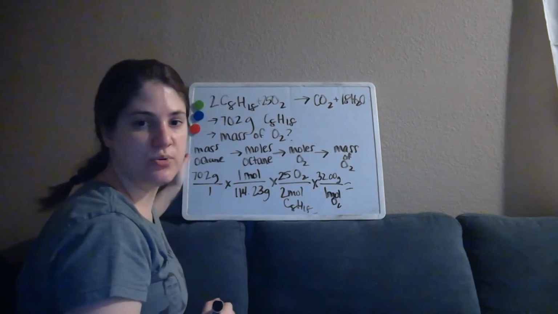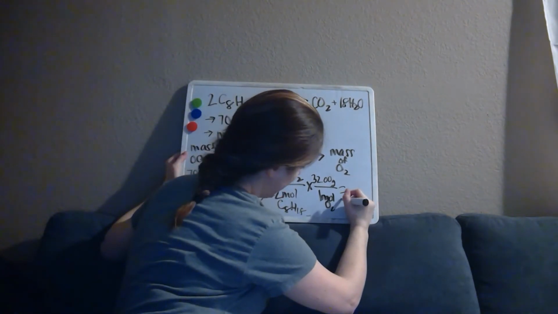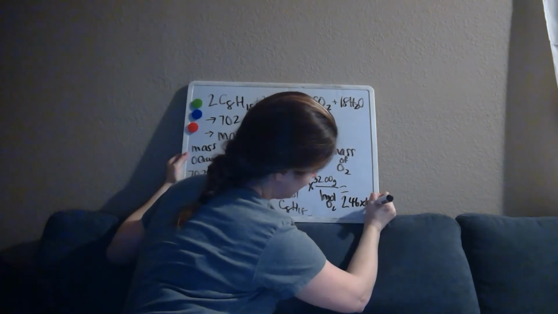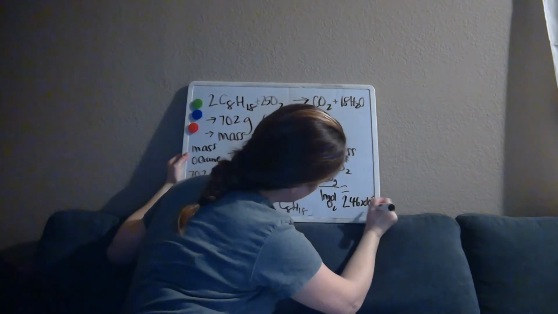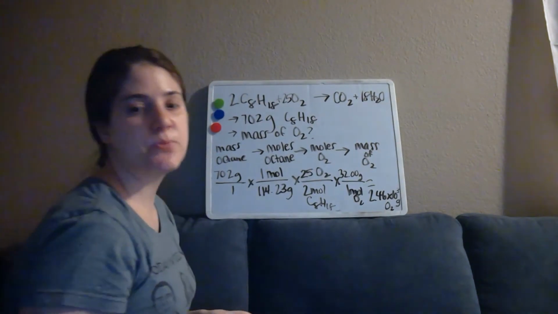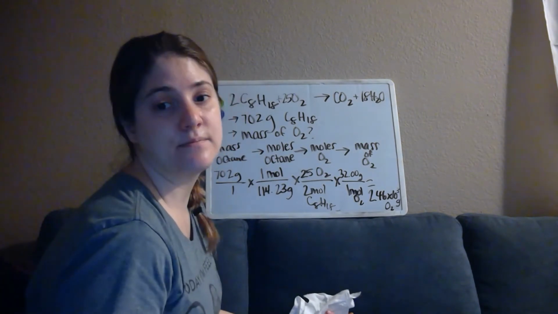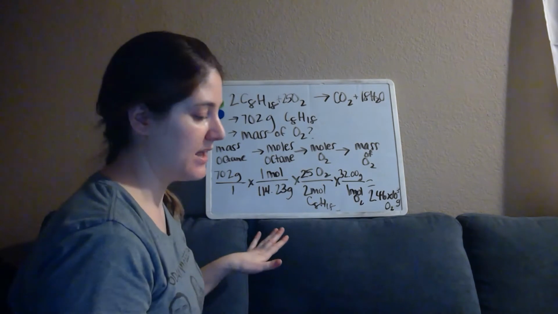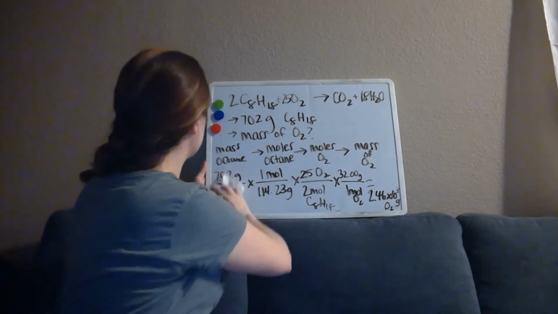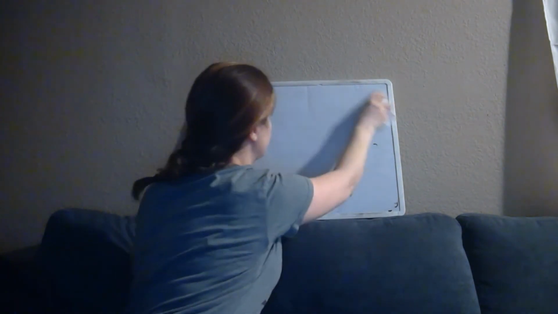And when we do that math, we would figure out that in the course of that reaction, we would consume 2.46 times 10 to the 3rd grams of oxygen. So that's one of the more complicated examples. And then you'll get much more hands-on experience with this in your homework. So that is just plain stoichiometry.